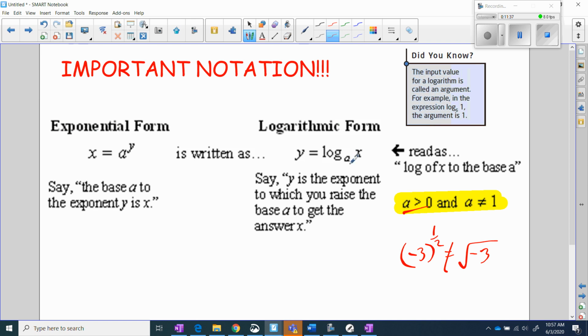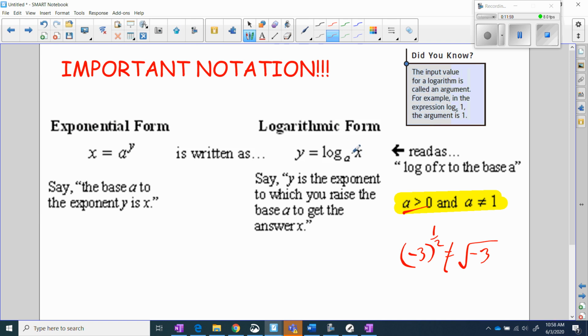Think about if the base is 1. If you raise 1 to any exponent, there's nothing I could have here besides a 1, because 1 to any power is always 1. So we don't use 1 as a base either. Make sure you understand the bases of logarithms will always be positive, and they will never be equal to 1.